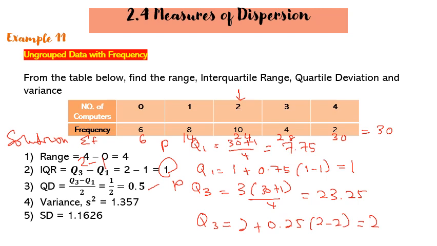The variance. How to find the variance? The formula for variance S squared equals n over n minus 1 times (summation of f x squared minus (summation of f x) squared over n).